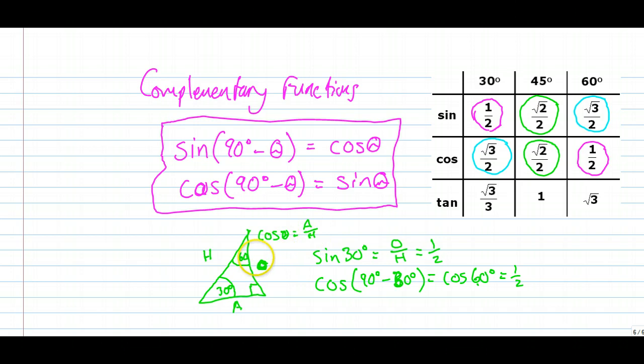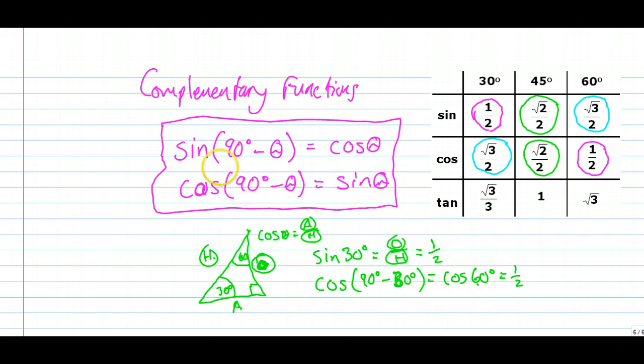In this case, the adjacent side is this one again. Before it was the opposite because we were looking at this angle, but now with this angle, it's the adjacent. So as long as the hypotenuse is the same in this equation and this equation, which it is because we're dealing with the same triangle, then the adjacent here and the opposite here are both going to be this side. That's going to be exactly the same. So that shows you why this equation is true.